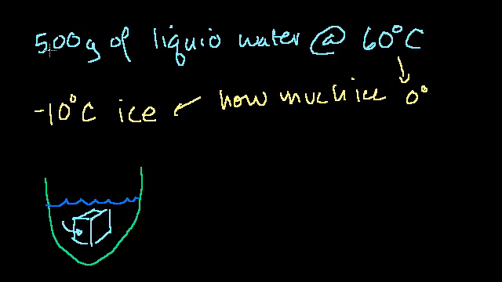How much energy do we have to take out of the 500 grams of liquid water? Well, it's the same amount of energy that it would take to put into 0 degrees liquid water and get it to 60 degrees.